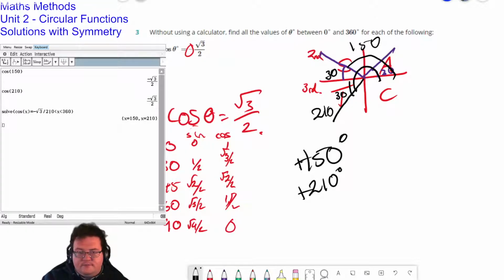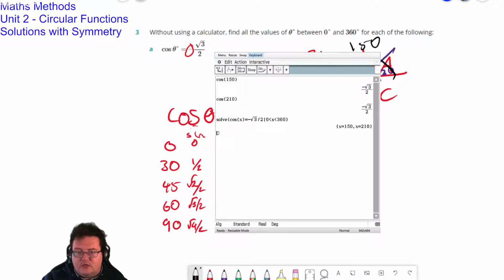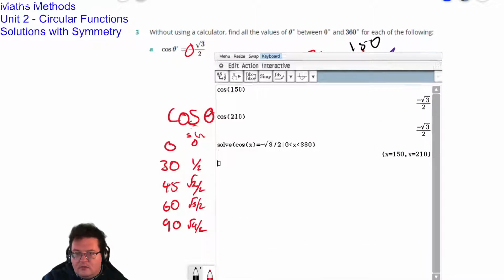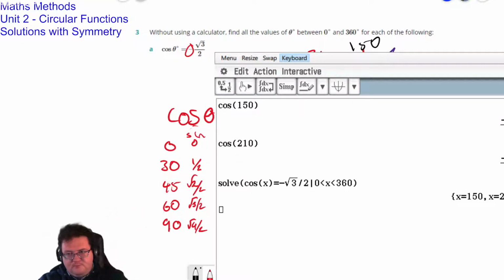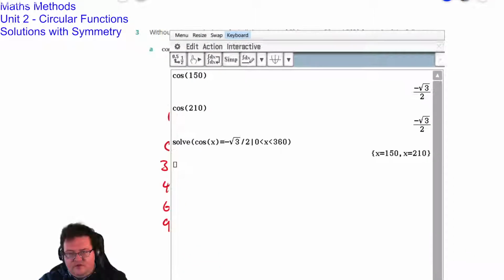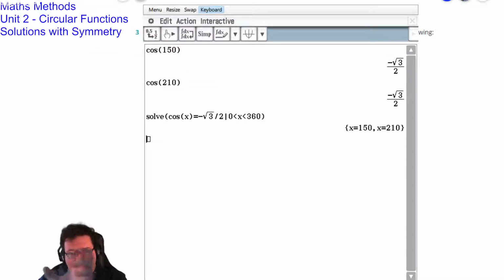All right, so there's my CAS. I've got negative root 3 on 2, and I've got a vertical line that splits what I'm working on, and then I've got my restriction. Because if I don't put the restriction in, this is what happens.